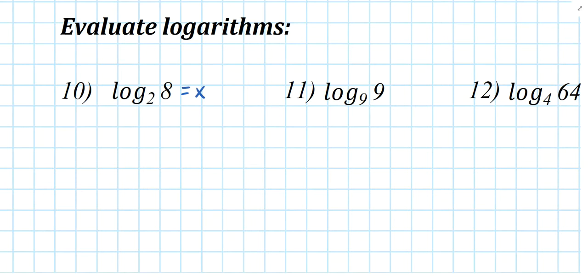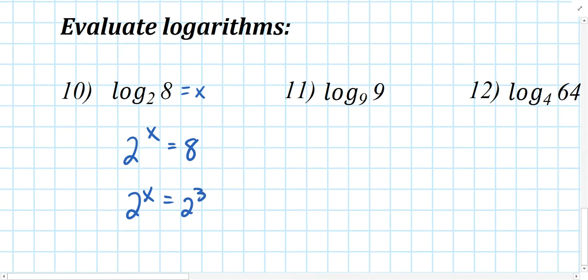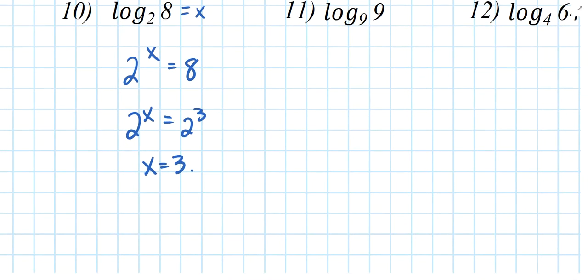In example 10, we would like to rewrite the logarithm as the exponential 2 to the x power equals 8. And you should also recognize that 8 is the same as 2 to the third power. Therefore, x is equal to 3. And we would say that this logarithm evaluates to 3.